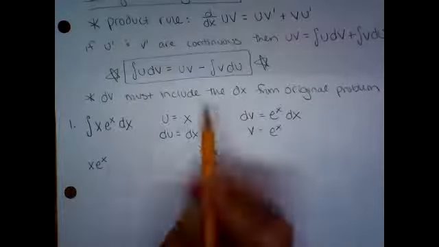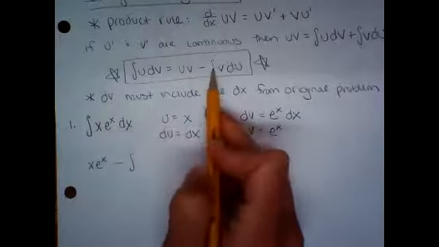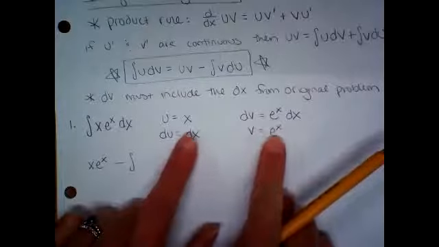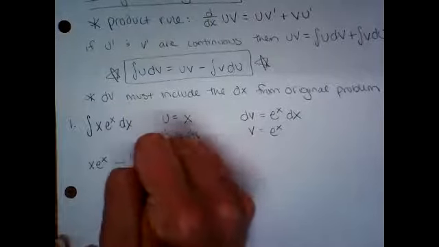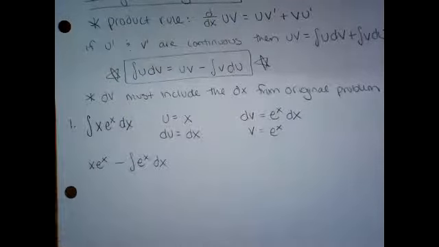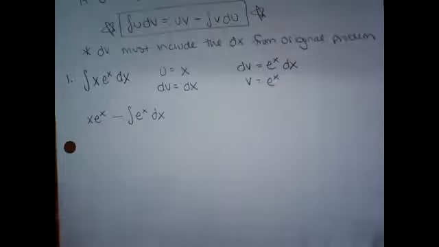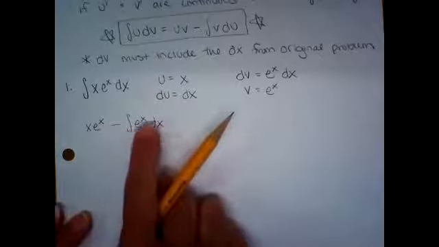Okay, so u times v minus integral v du. So that's these two things. So v du, that would be e to the x dx. And then your last step is to do that antiderivative. So you end up doing two antiderivatives because you do one here, and then once you set up this problem, you do another one.